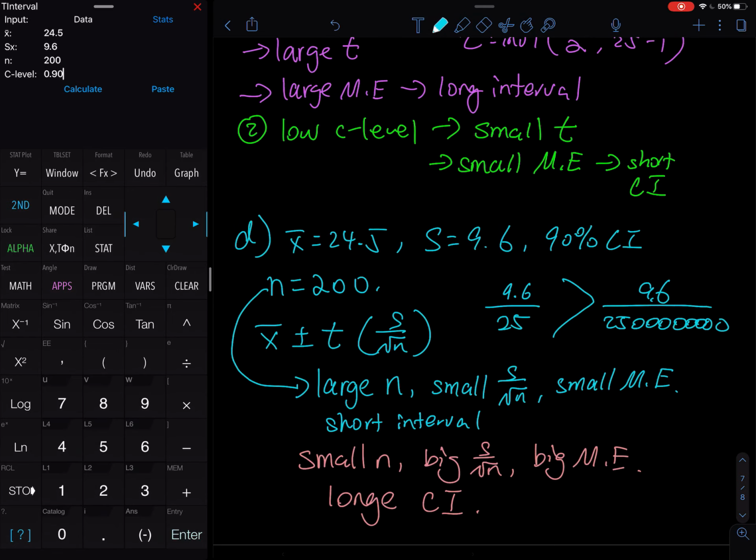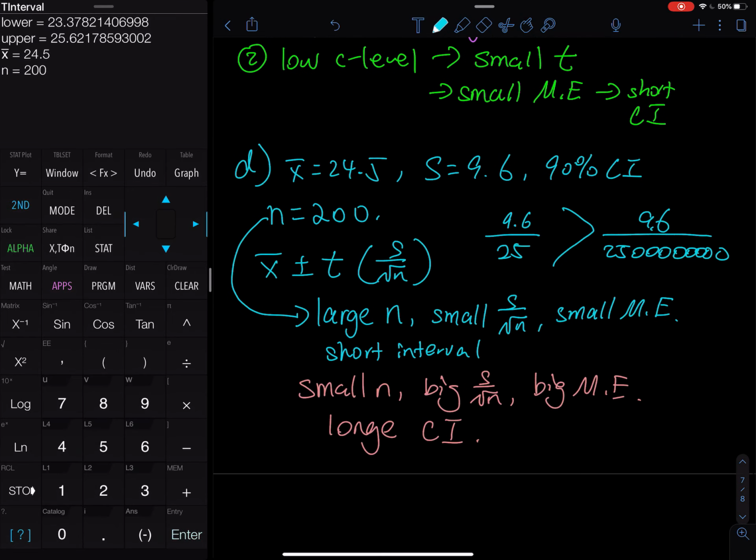Okay, so we calculate. So we have 23.4 and then 25.6. So we take 25.6 minus 23.4, and the answer is equal to 2.2.